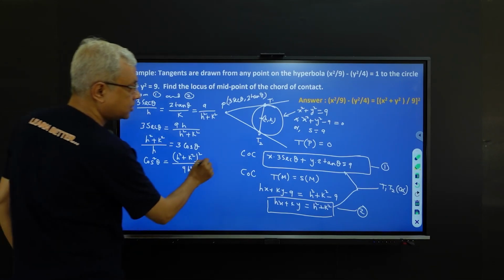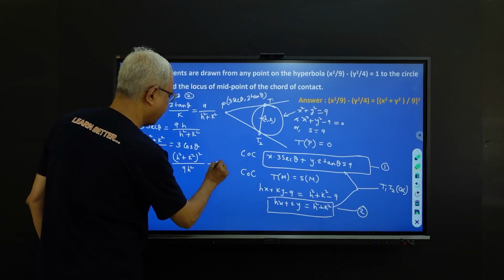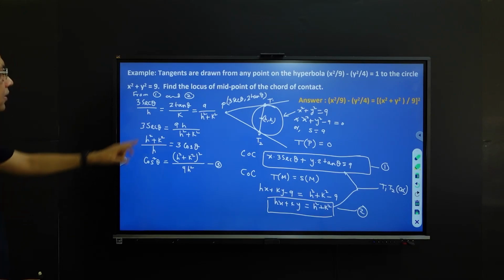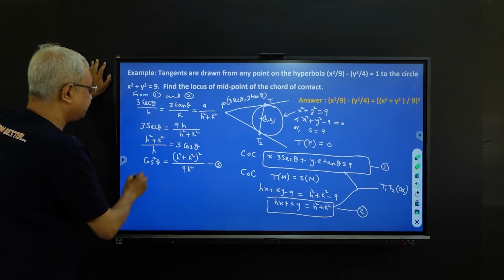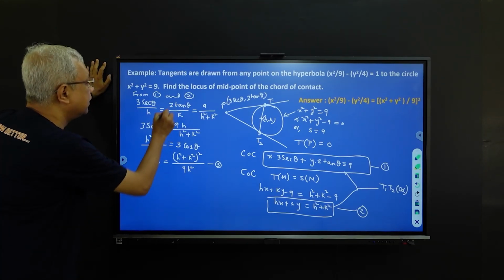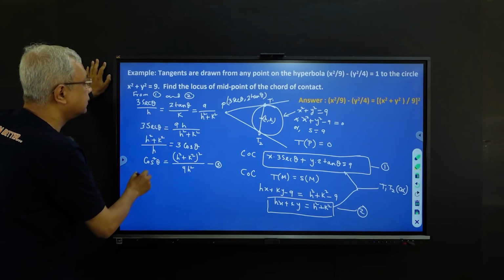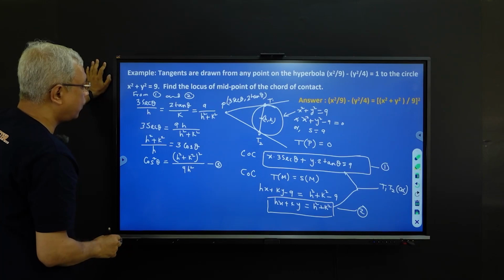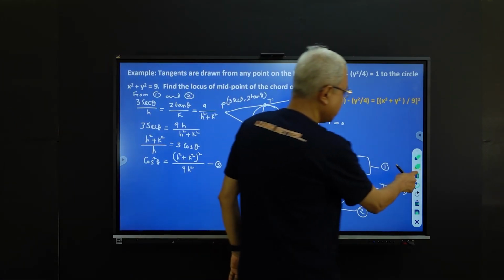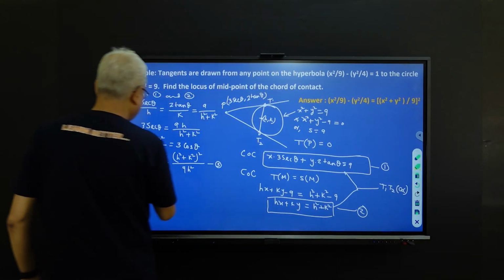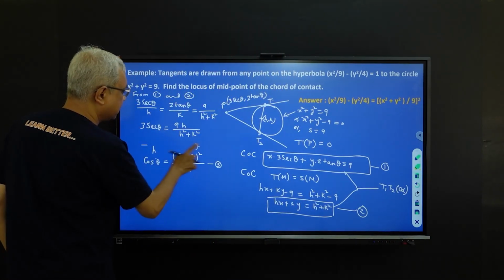So I can write this as number 3. Instead of doing like this, let us keep it in the form of sec theta only.